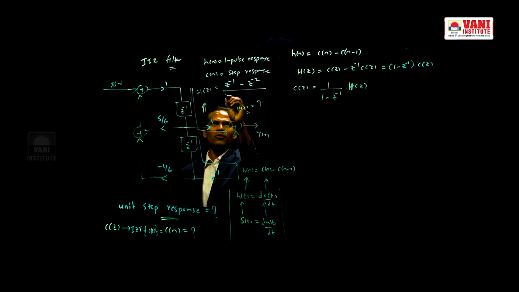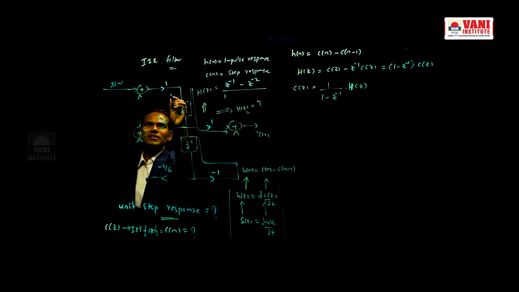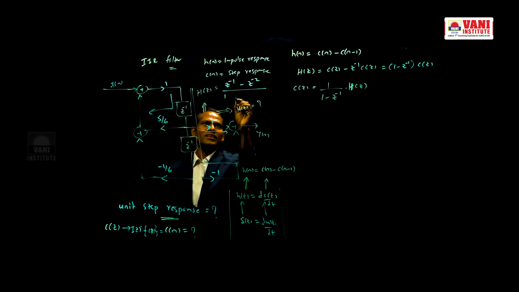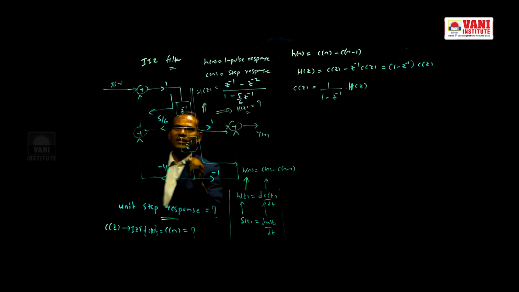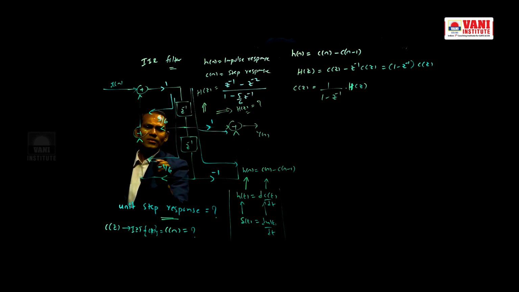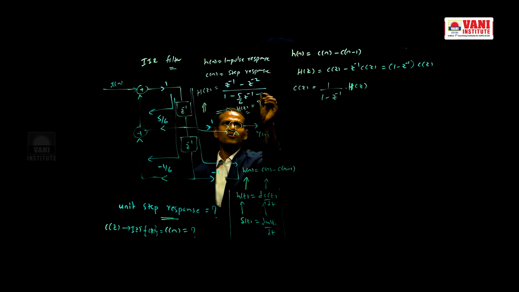The denominator always starts with 1. This path is 5 by 6 z inverse, always opposite sign, that is why minus 5 by 6 z inverse, and this path is minus 1 by 6 z power minus 2, so plus 1 by 6 z power minus 2.